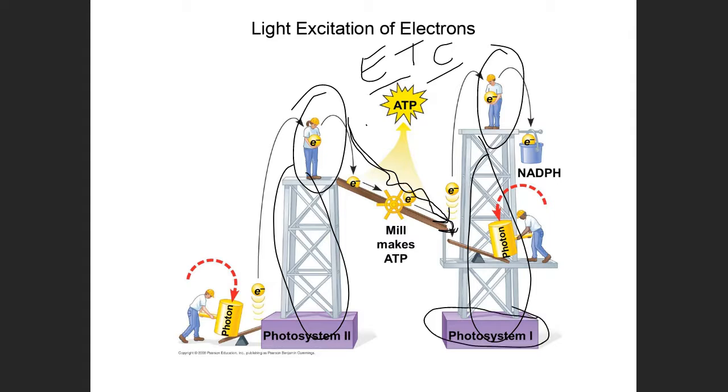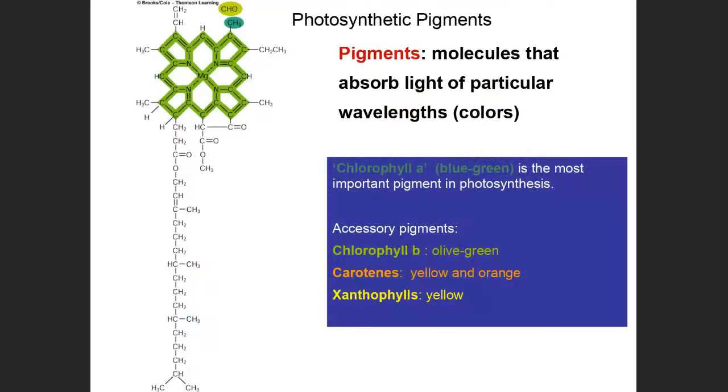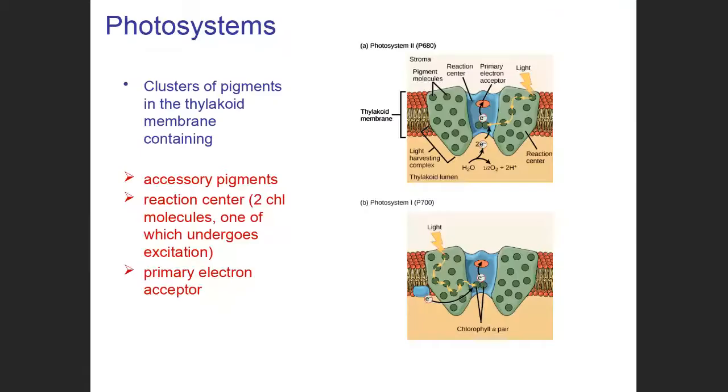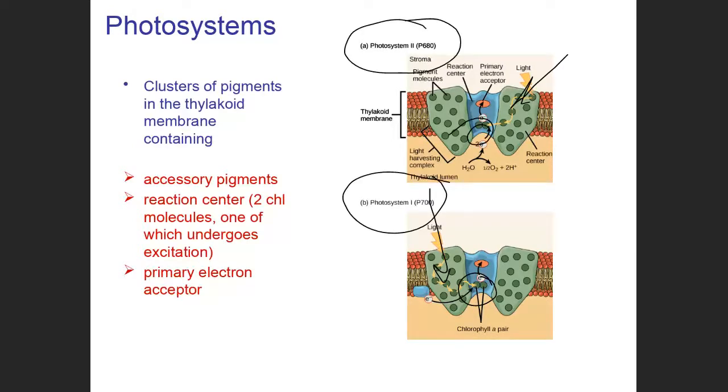Because here's the thing, what's going to happen. Here is one problem. You remember, I go back over here. When the light hits, what's going to happen to my pair of chlorophyll A over here, in my photosystem 2 and my photosystem 1?